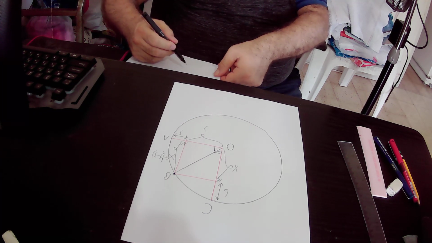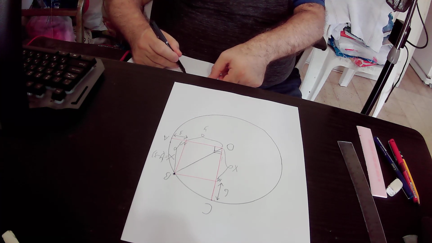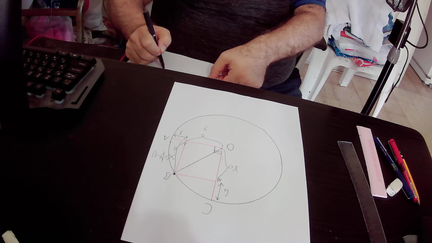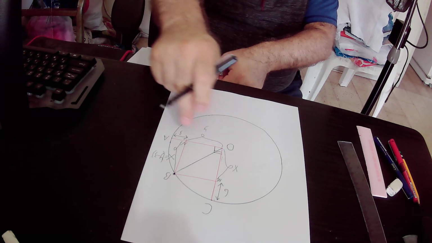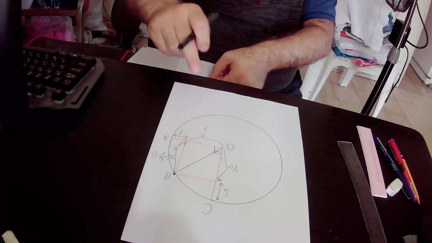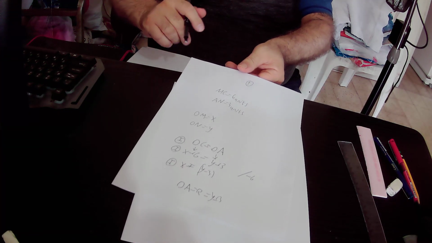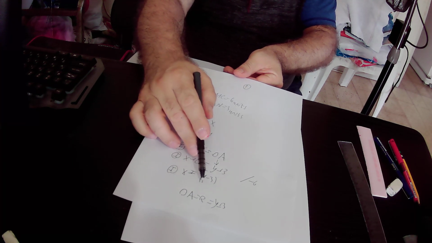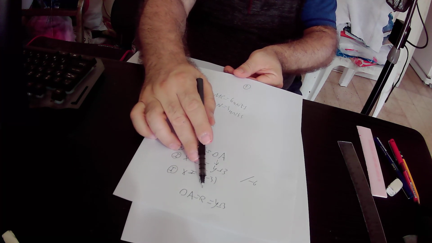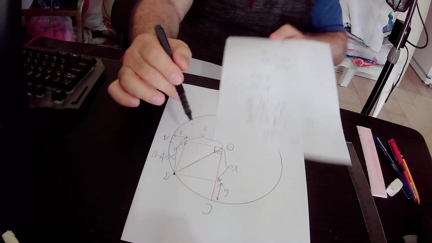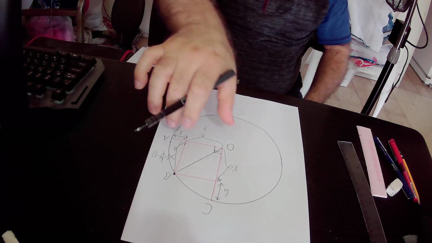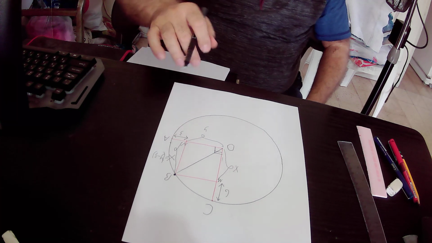So I will write it down that OA, the radius of the circle, equals R, the radius of the circle, equals Y plus 3.